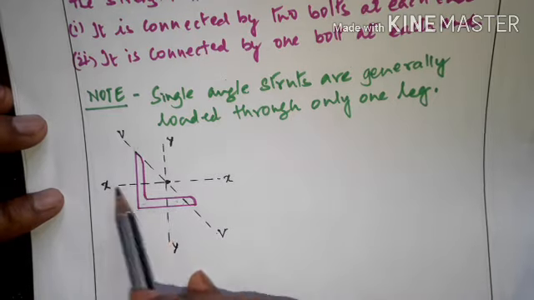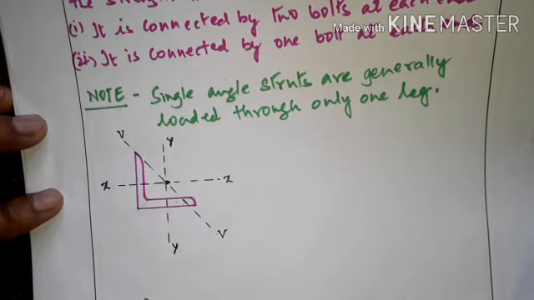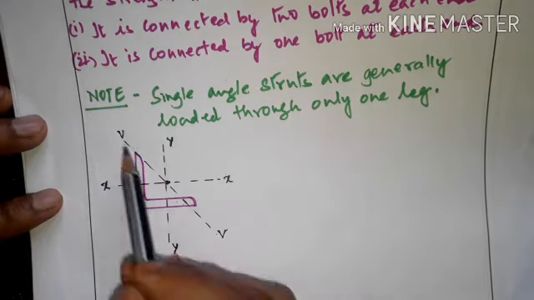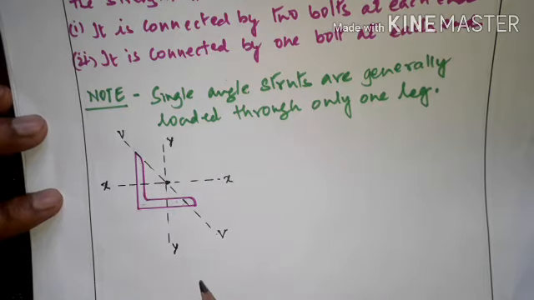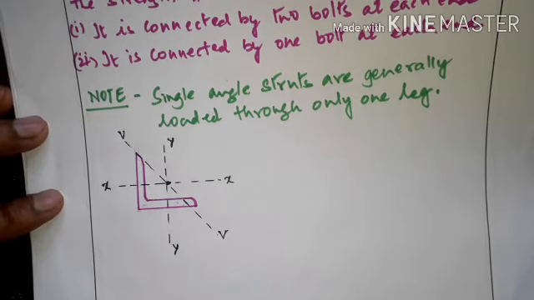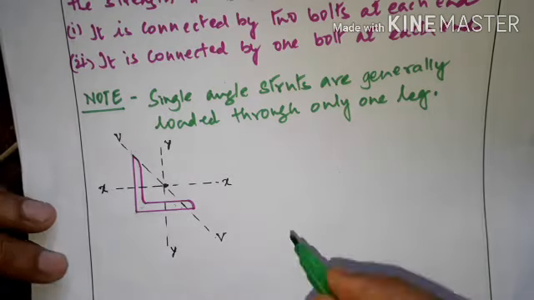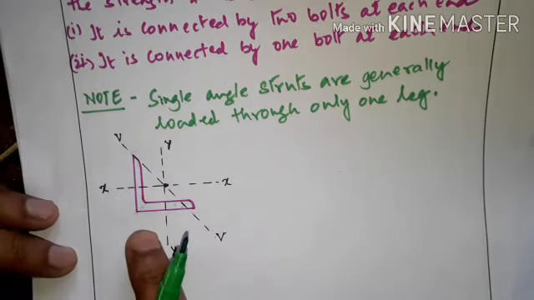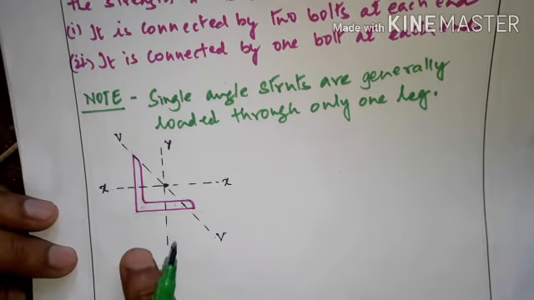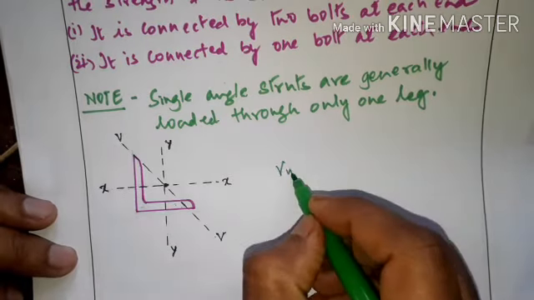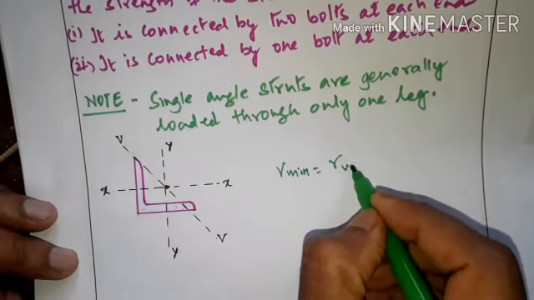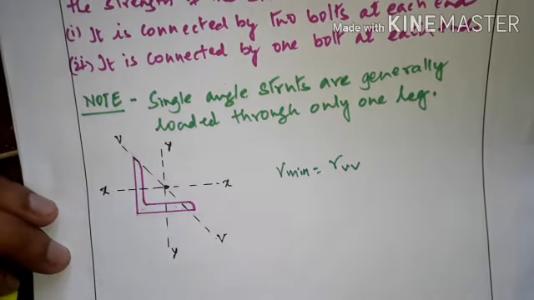It will not bend about either the x-x axis or y-y axis. It will bend about the principal axis VV, for which the radius of gyration matters. So when you are using a single angle strut as a compression member, we have to use r minimum equal to r_vv always, for single angle strut only.